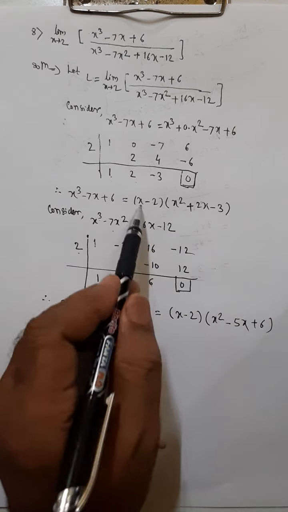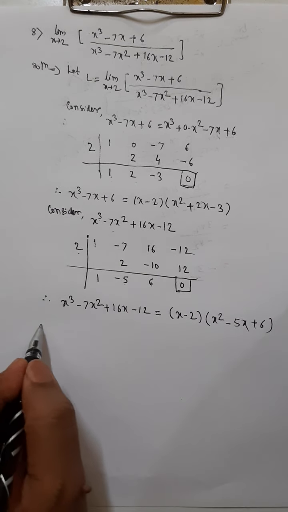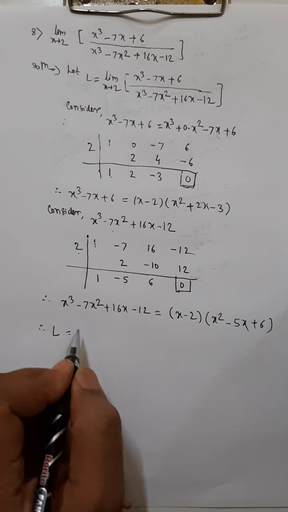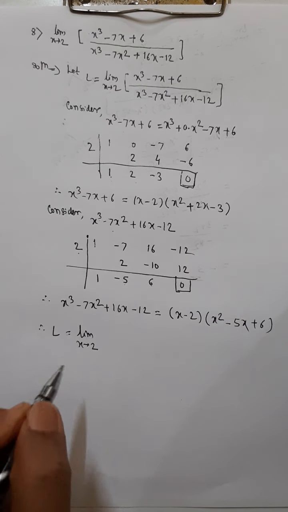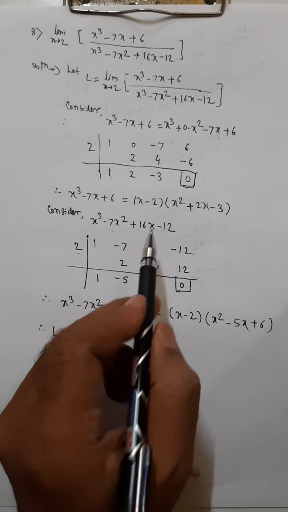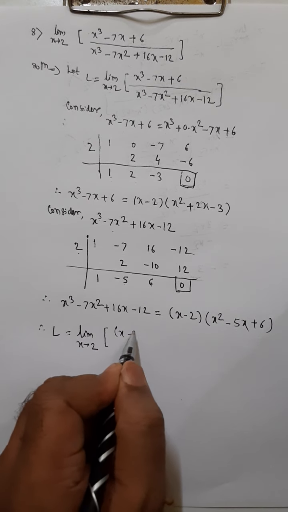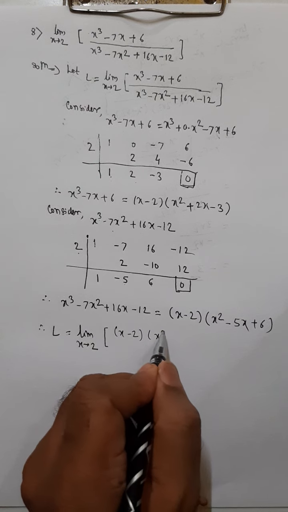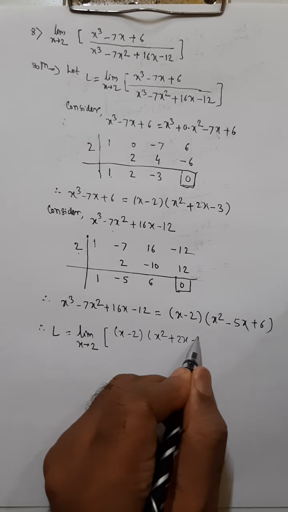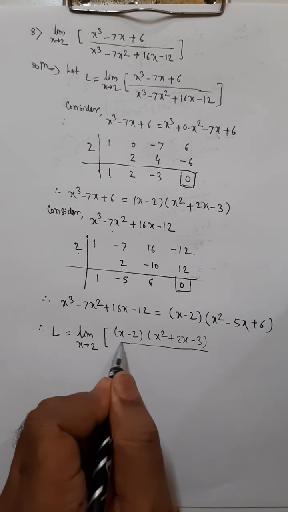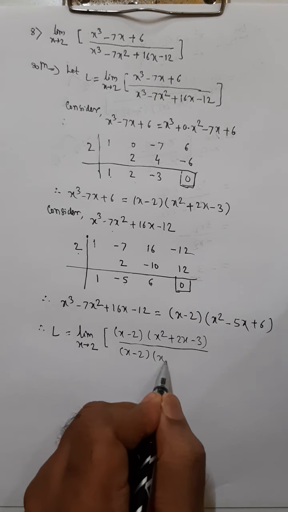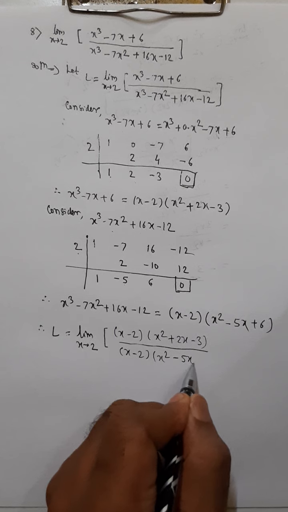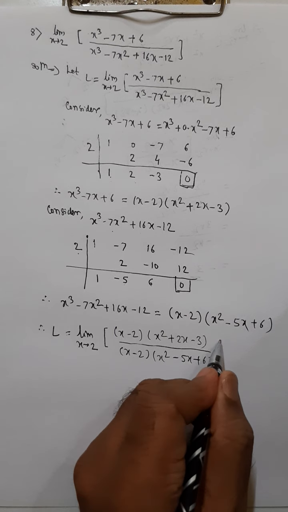Then we substitute these factors in the given problem. The given problem we have taken as L. So L equals limit as x tends to 2, with the factors for the numerator x minus 2 into x square plus 2x minus 3, and the factors for the denominator x minus 2 into x square minus 5x plus 6.